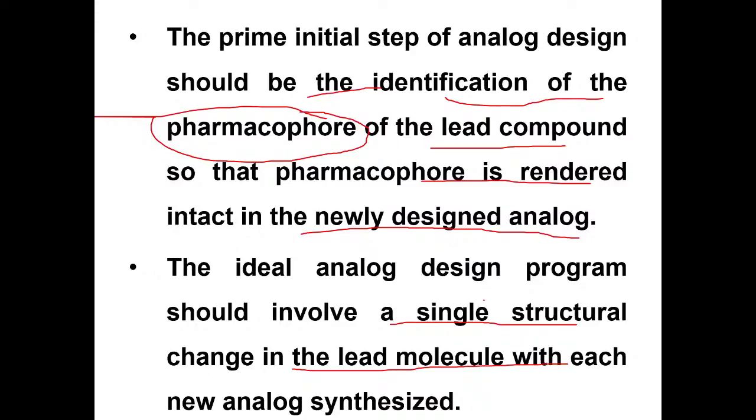Like you can remove one double bond and check, or you can replace OH with NH2 and check its pharmacological activity. Then only will you be able to correlate the biological activity with the changes in the chemical structure that you make.